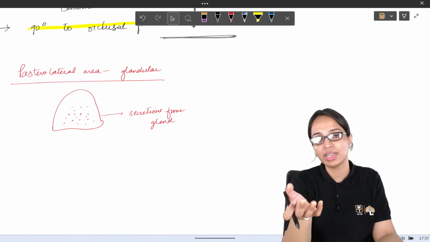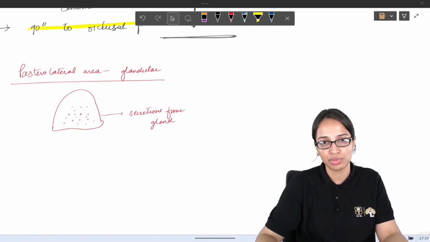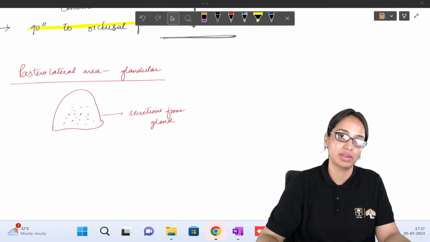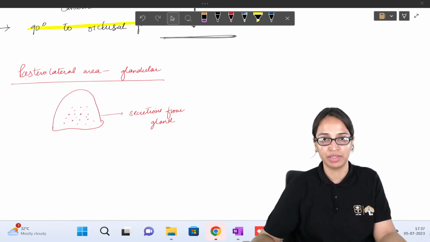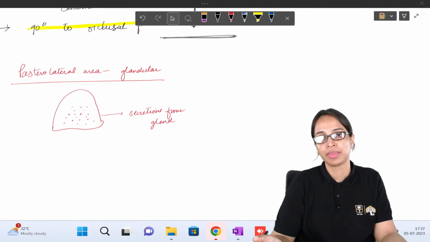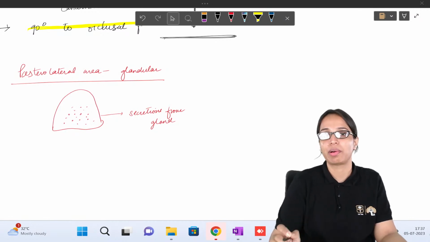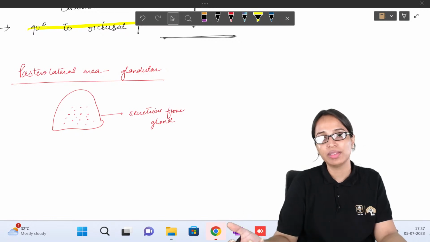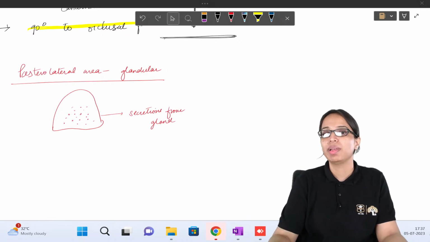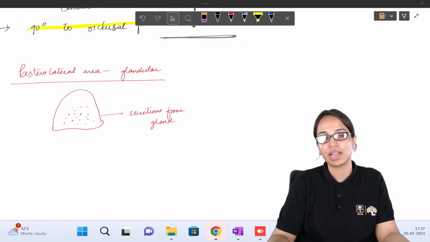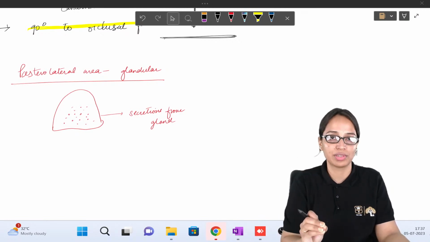So when you're loading an impression material with zinc oxide eugenol or any other impression material of your choice for the final impression and you press it down there, after removing, you may see small minute porosities on the surface. You might think, why does this happen? It is mainly because of the accumulation of saliva and the minor salivary glands, and this glandular tissue having secreted these secretions that leads to small pores on the surface.